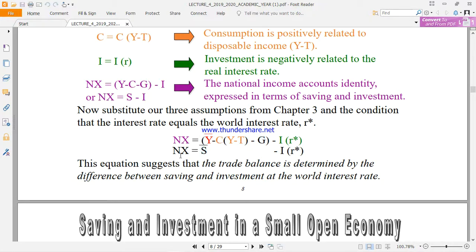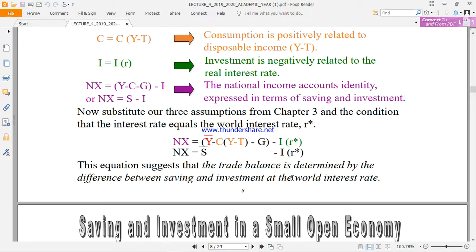Okay? So national savings, net exports is equal to national savings minus investment, of which this level of investment depends on the world rate of interest. Meaning that this equation is suggesting that the trade balance is determined by the difference between savings and investment at the world rate of interest. So this is our trade balance.